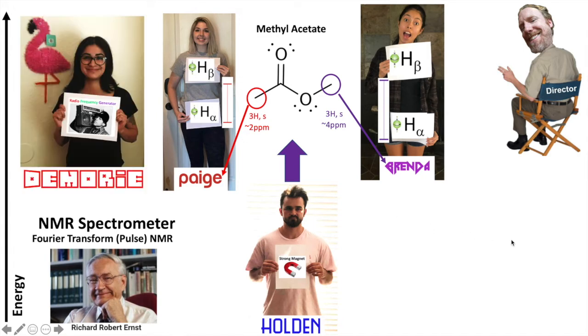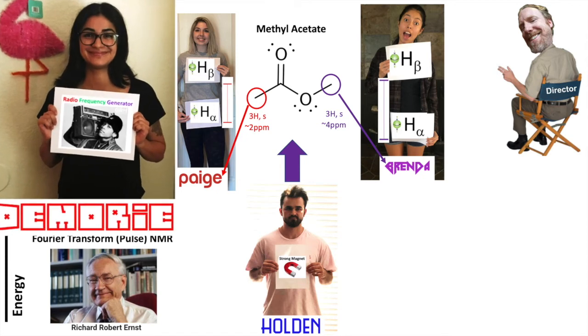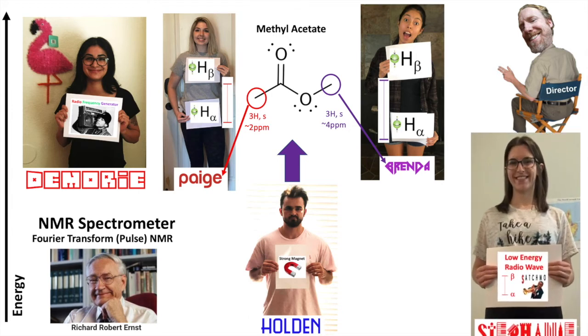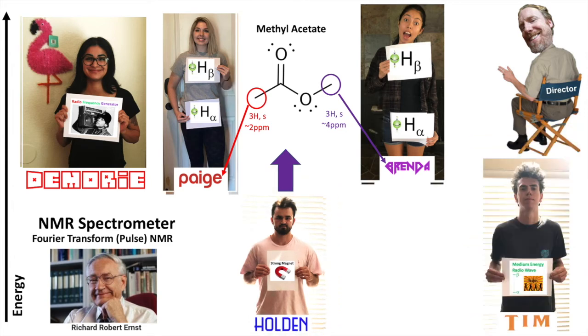And our radio frequency generator this time is Demery. There it is, her and her pink flamingo. And our first radio wave, the low energy radio wave, is Stephanie. She's got Satchmo again. The lowest energy radio wave is sent through from Demery.